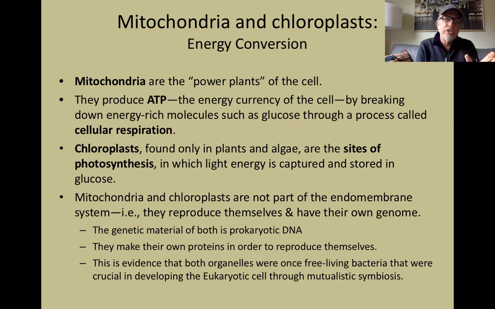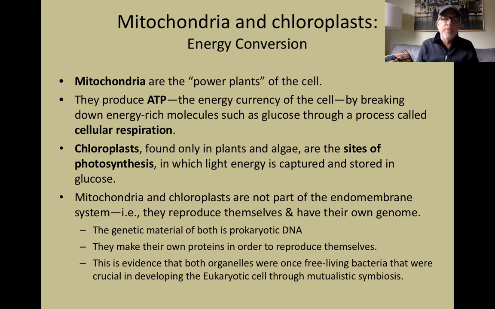And what's most interesting about them is they reproduce themselves and they have their own genome. And what's even more fascinating about that is that the genetic material in them is not eukaryotic DNA, but actually looks like prokaryotic DNA. They actually transcribe and translate that DNA and make many of their own proteins that they need to reproduce themselves.